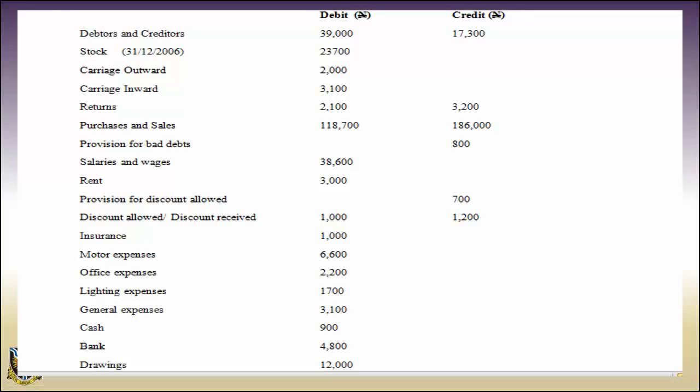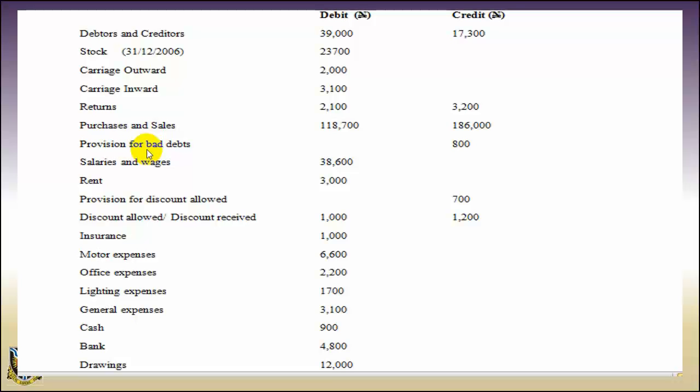Carriage inward, debit 3,100. Returns, debit 2,100, credit 3,200. Purchases and sales: debit 118,700, credit 186,000 naira.